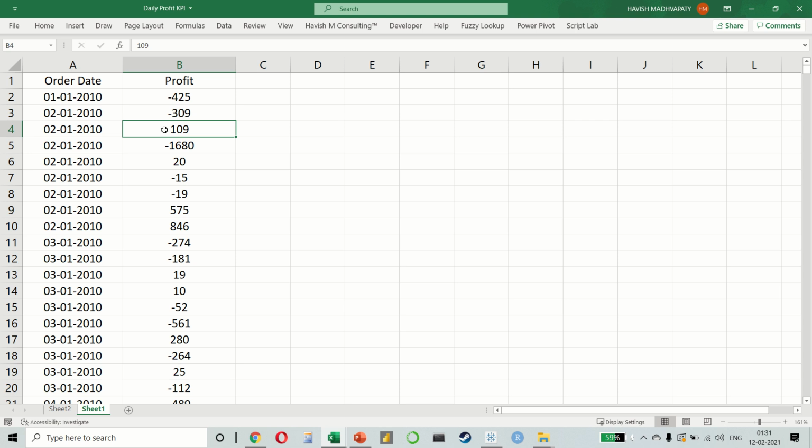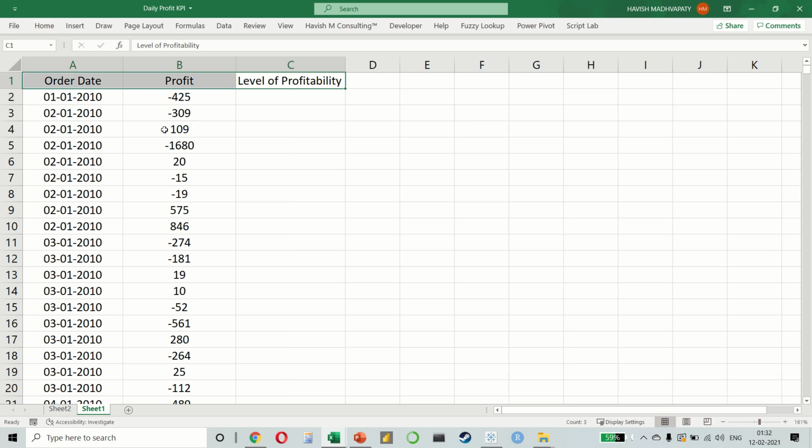That means in the month of January, we want to know how many days were profitable, highly profitable, or non-profitable. So we will just say that the level of profitability is: if the value is less than 0, then it is unprofitable.